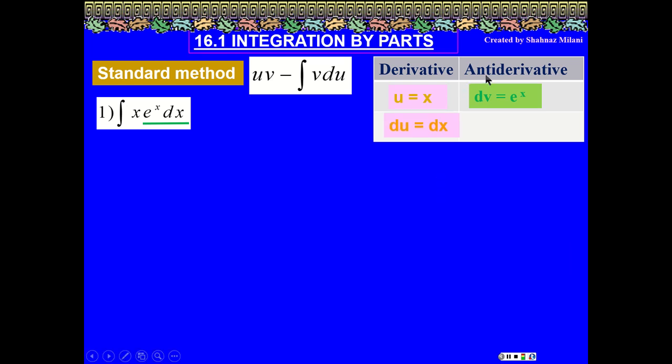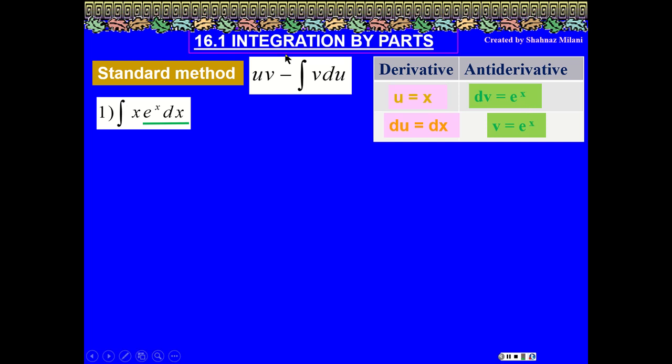The antiderivative. Remember, when I had u, the derivative becomes du. And if I have a dv, the antiderivative of dv is going to be v, and the antiderivative of e to the exponent x is going to be e to the exponent x.